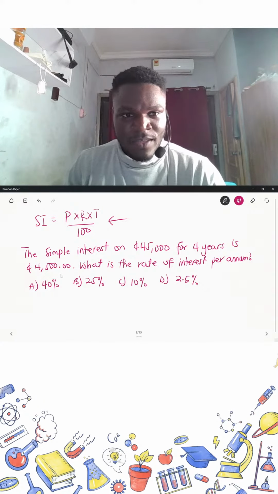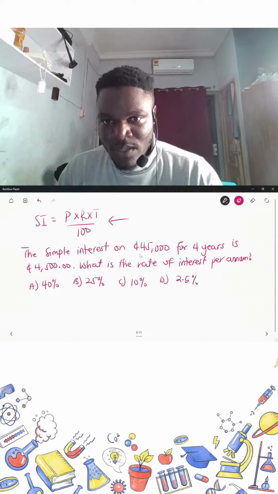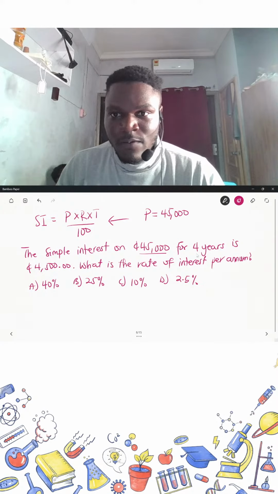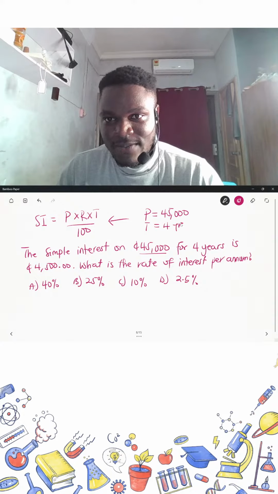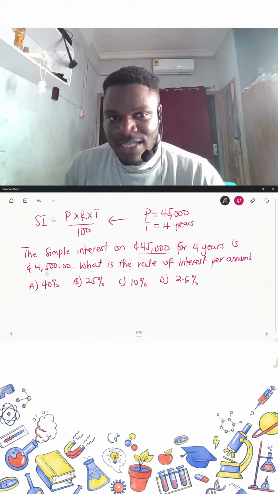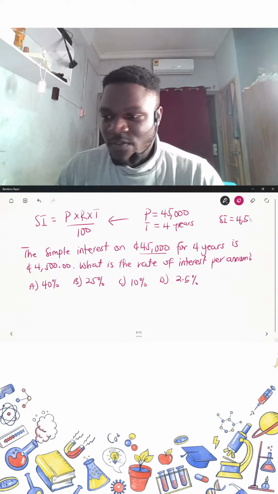Now, the question is saying the simple interest on 45,000. So the 45,000 becomes the principal, so the P is 45,000, for 4 years. So the time, which is T, is 4 years. And then the interest is 4,500. So the SI is 4,500.